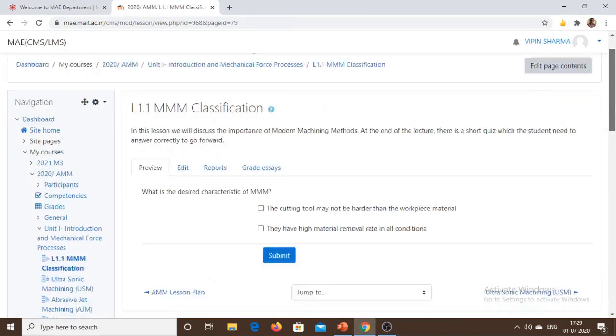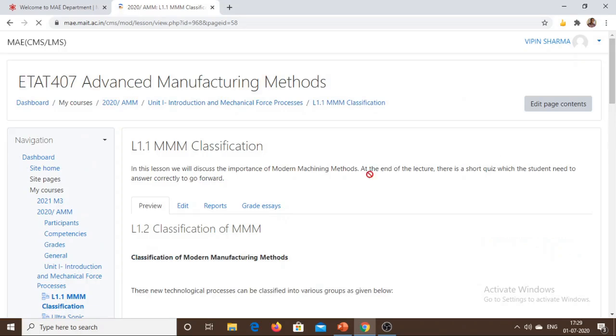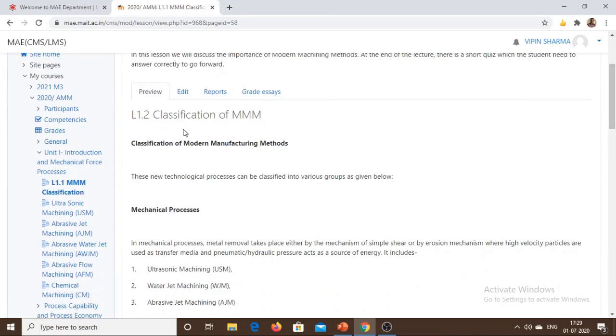Then the student will be taken to a question which reads: what is the desired characteristic of MMM? If the student attempts it correctly, which is that the cutting tool may not be harder than the workpiece material, he will be taken to the next part of the lesson, which is the classification of MMM.